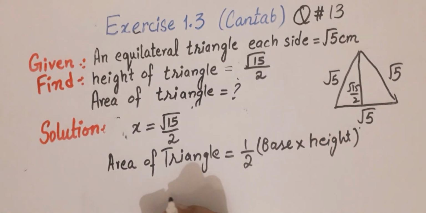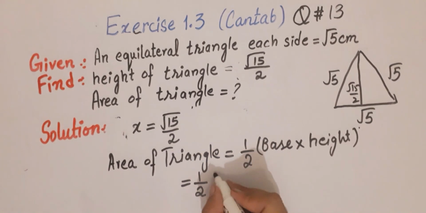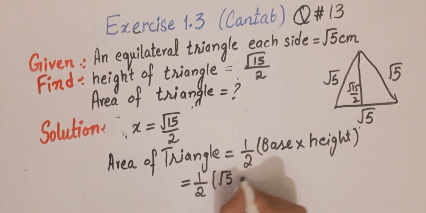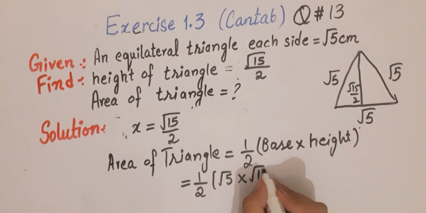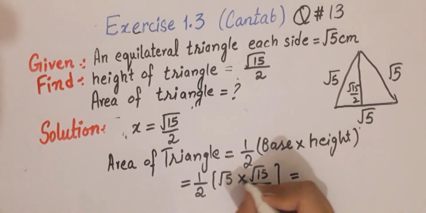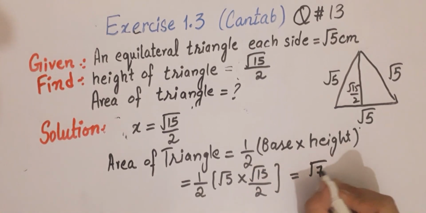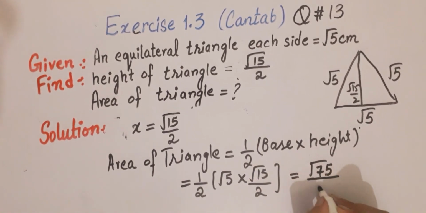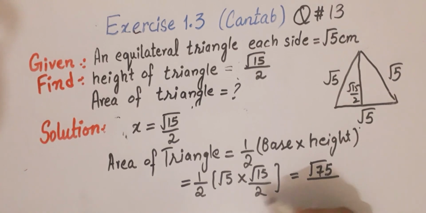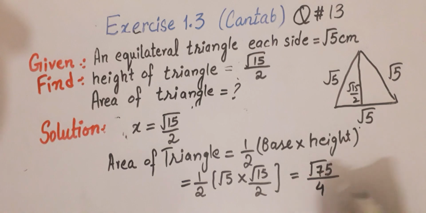So we will apply all the values. Base is equal to square root of 5 multiplied by square root of 15 by 2. 5 multiply 15, which is equal to square root of 75, and square root of 75 by 2 multiply 2 is 4.